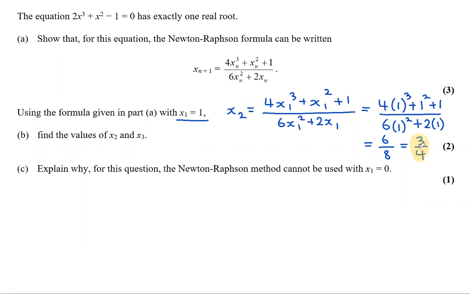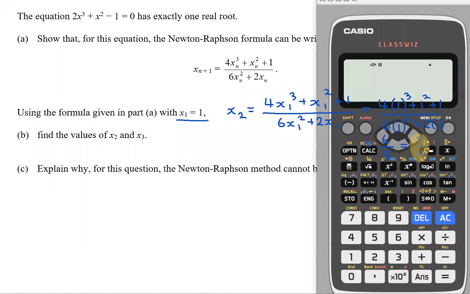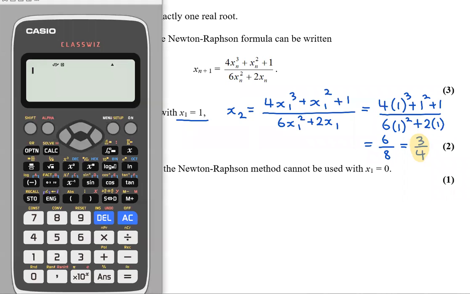Okay. Now, if you want to do this on your calculator and do it quickly multiple times, you can do it the following way. So I'm just going to pull up the calculator. Let's move it across to the other side. Now, if we're starting with x1 is 1, if we put in 1 and then press equals, that becomes your answer, when it appears in the bottom right of the calculator screen. Now, what we can then do is tell the calculator to substitute that into the formula.